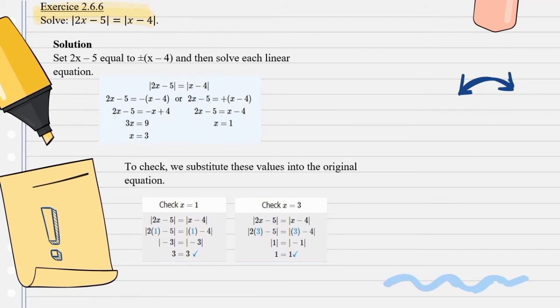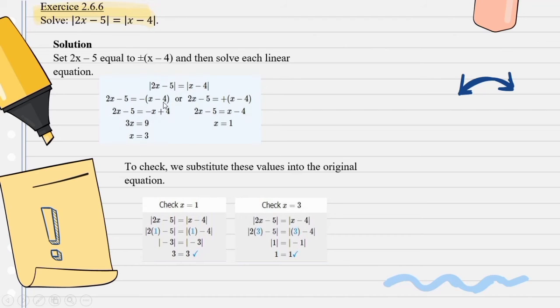Exercise 2.6.6. Solve the absolute value of 2x minus 5 equals the absolute value of x minus 4. Solution: set 2x minus 5 equals plus or minus x minus 4 and then solve each linear equation. You must set the first: 2x minus 5 equals minus the bracket x minus 4, or 2x minus 5 equals plus the bracket x minus 4.